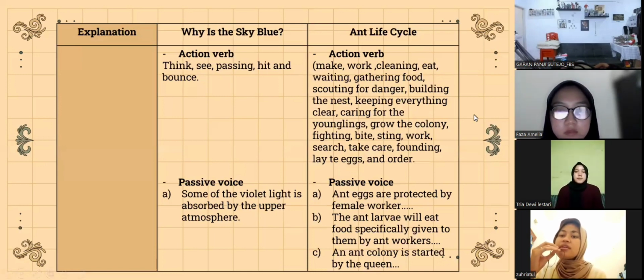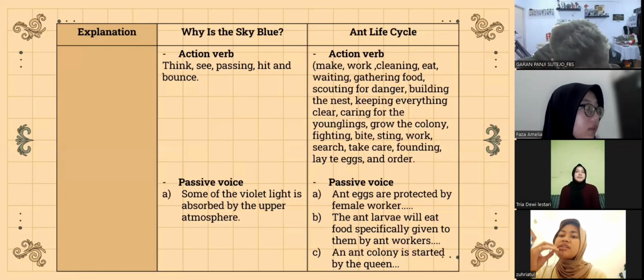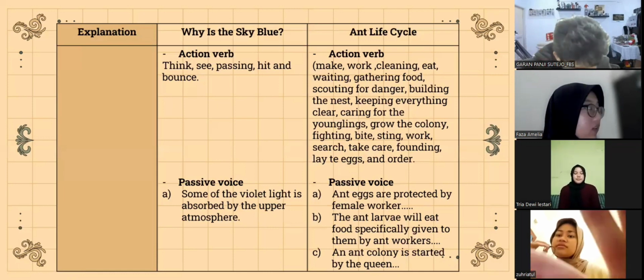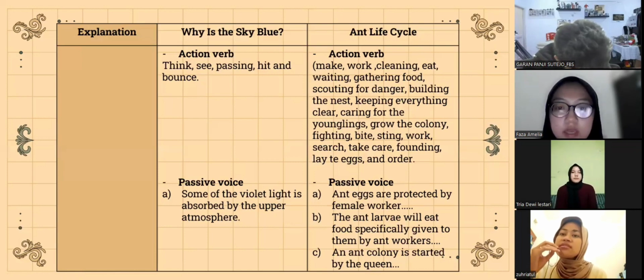Passive voice. Number one: eggs are protected by female workers. Number two: the ant larvae will eat food specifically given to them by ant workers. Number three: an ant colony is started by the queen. Okay, thank you.